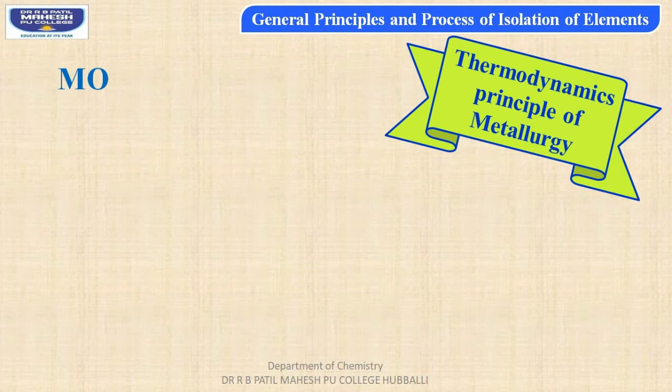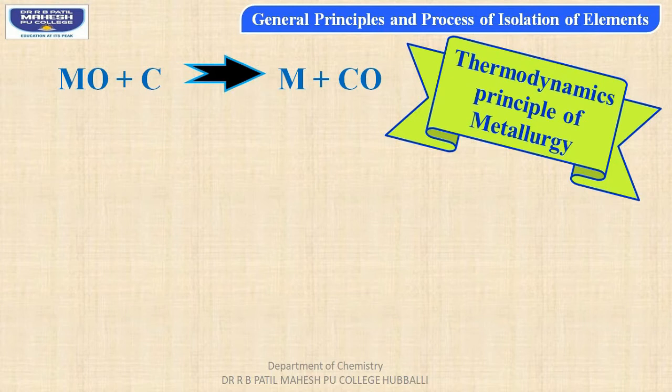Now students, let us consider in general the reduction reaction of a metallic oxide. When metallic oxide represented as MO, where M stands for the metal, is reduced by combining with carbon to form metal plus carbon monoxide. So metallic oxide is getting reduced to metal, whereas the reducing agent, that is carbon, is getting oxidized to carbon monoxide.